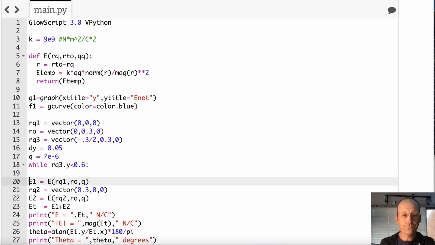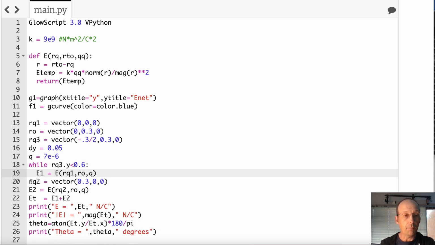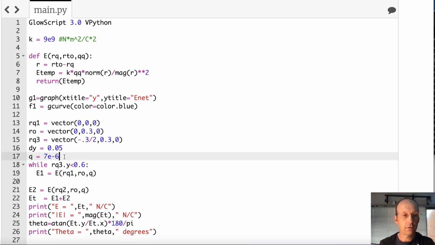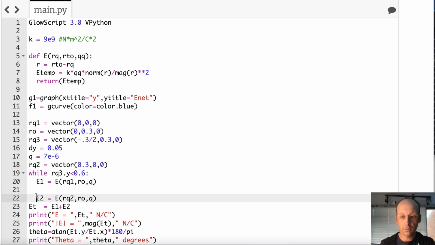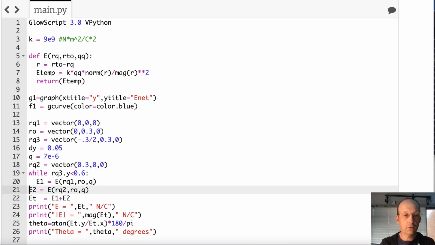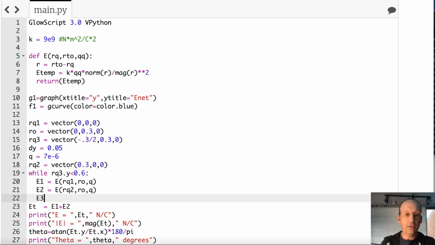I can move up here. Calculate E1. I can put R2 up there. Calculate E2, and then calculate E3, which is going to change. E3 equals E RQ3 ROQ. They're all the same charge.